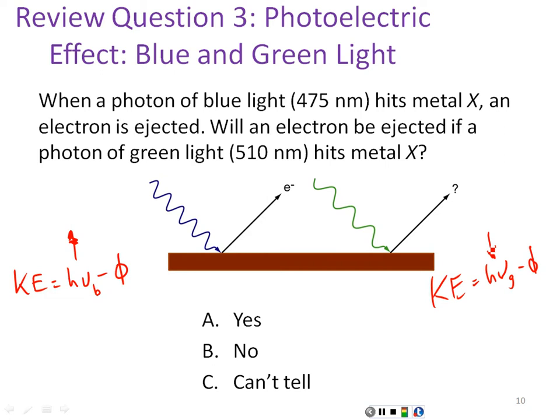We're given no information about what the actual work function, phi, is for this metal. So we have no way of telling if the lower energy green light is going to be able to remove that electron. We don't know what the minimum frequency required is, so we can't tell.